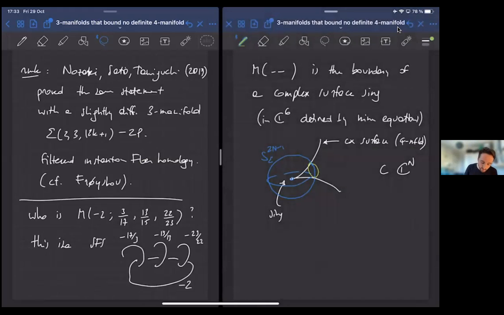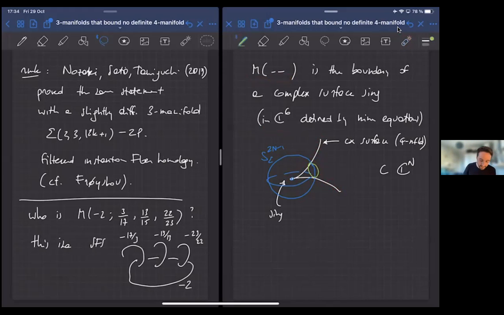If you take epsilon small enough, this intersection will be transverse, and it will give you a 3-manifold, and this 3-manifold is what we call the boundary of the singularity. So there you can write down equations in C^6, 9 equations that give you a surface, which is not going to be a complete intersection, but that's life. And the link of this singularity is going to be this 3-manifold here.